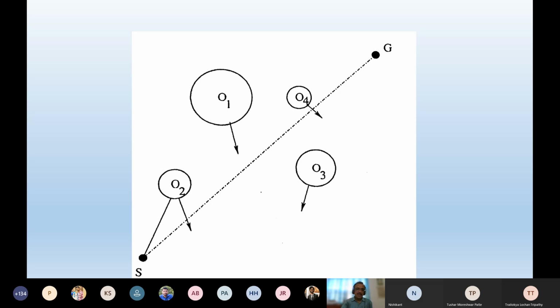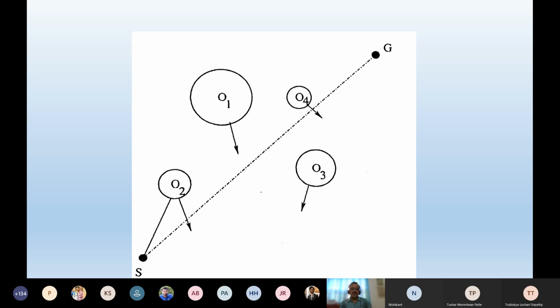It is very simple. You start from here and the robot will try to reach this goal by following this path, because this is the globally optimal path in terms of the covered distance between the initial point and the goal point.